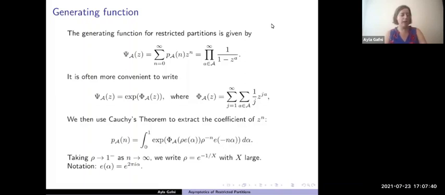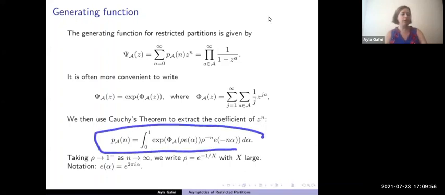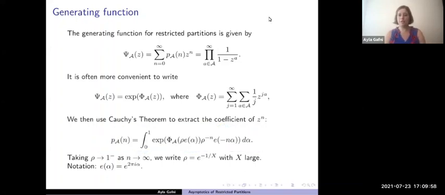And I'm going to quantify that by writing rho equals e to the negative 1 over x. So throughout the next slides, I might interchange freely between rho and e to the negative 1 over x, where x is some large parameter. And as usual, we have our number theory notation that e of alpha is e to the 2 pi i alpha. So now we've got our integral set up, and we're ready to proceed with the circle method.